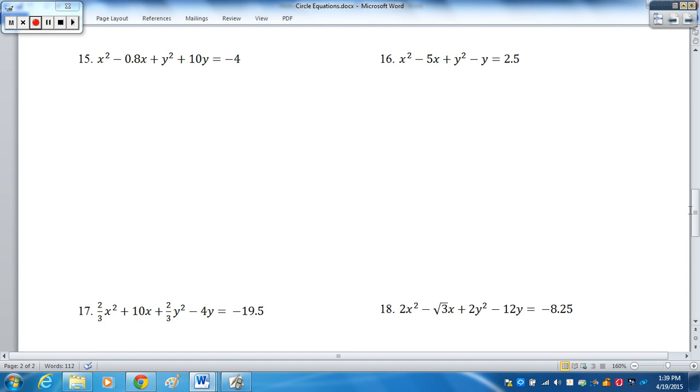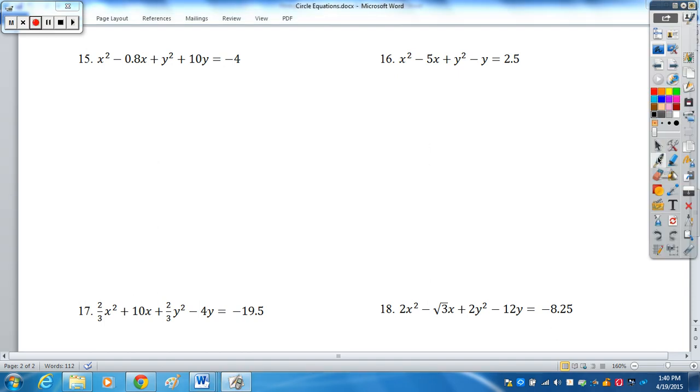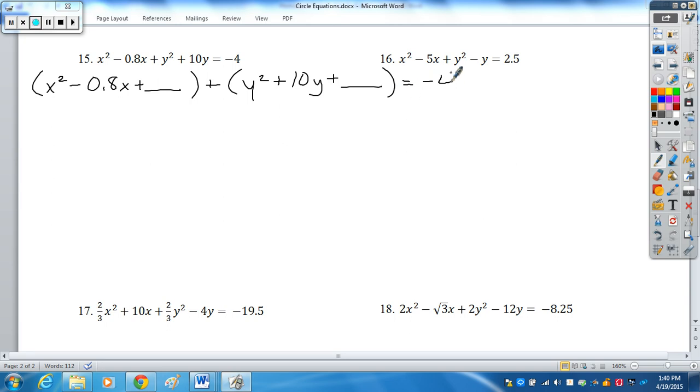Let's go ahead and do 15 and 17 together, and the rest of the worksheet, I'd like you to go ahead and complete on your own for tomorrow. So, if I do what we've been doing on the previous problems, grouping these together, x squared minus 0.8x plus something plus y squared plus 10y plus something is equal to negative 4.